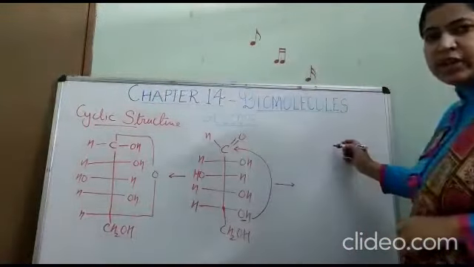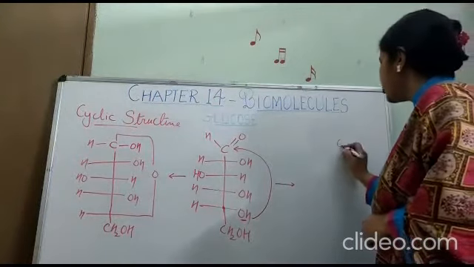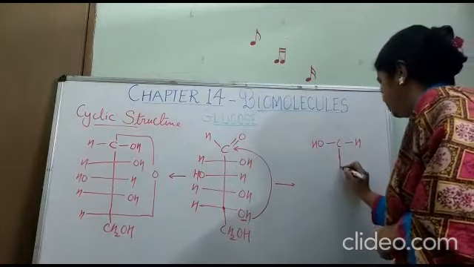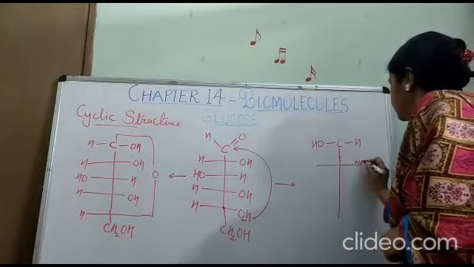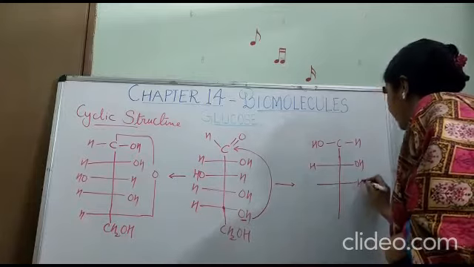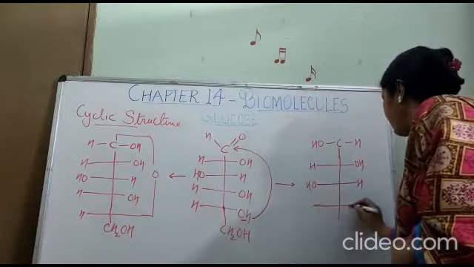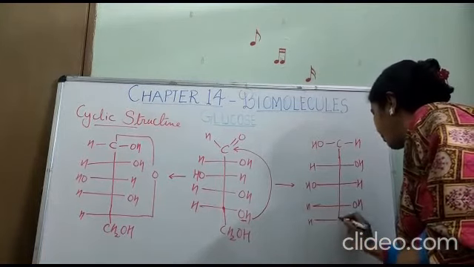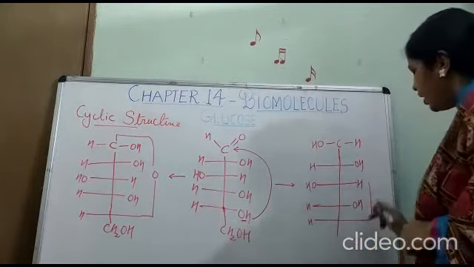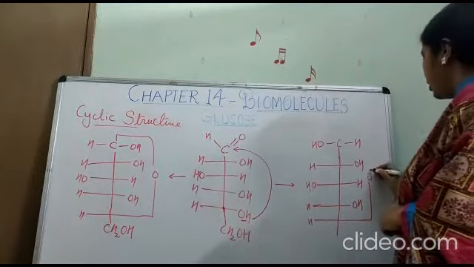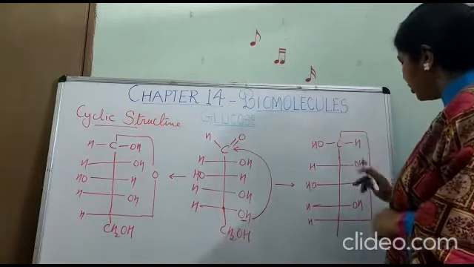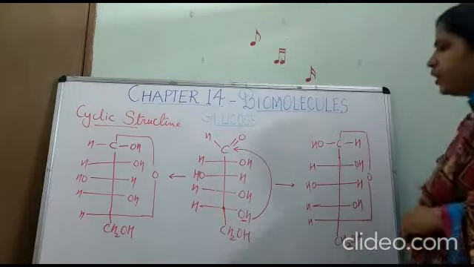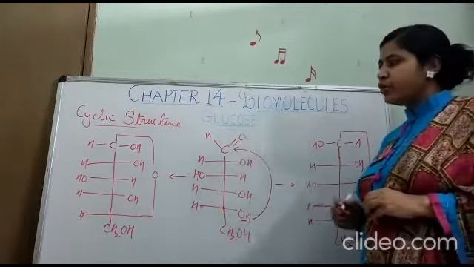The other possibility for the formation of the hemiacetal structure is, again this OH group will add up to this carbon through O. Now the two possible structures I have drawn here.